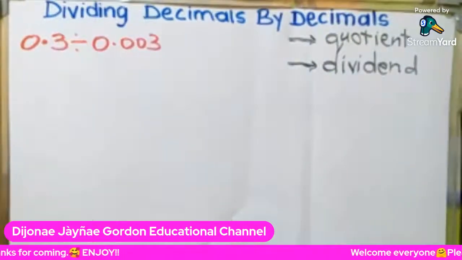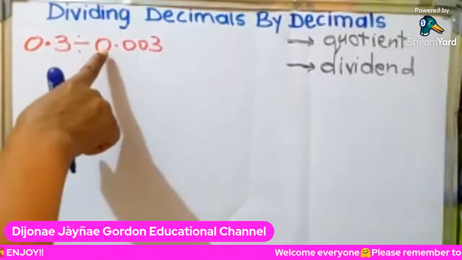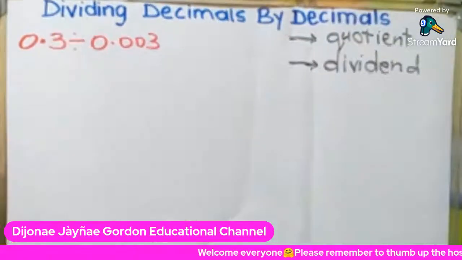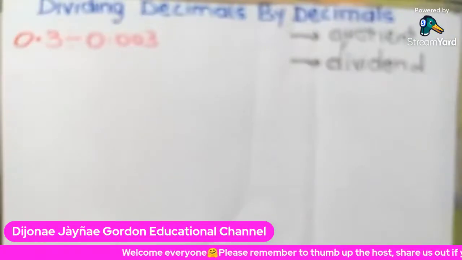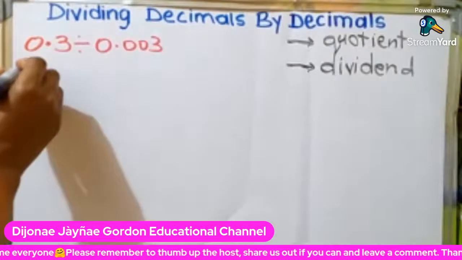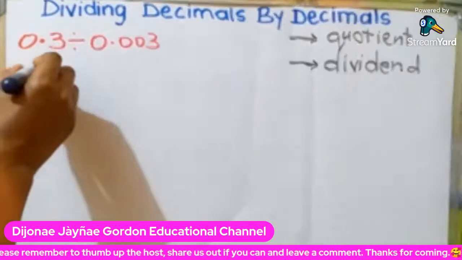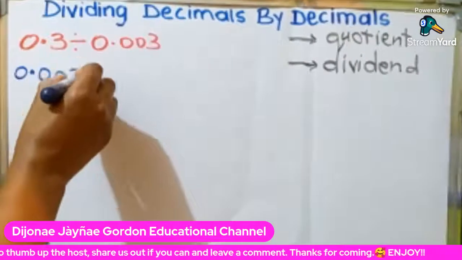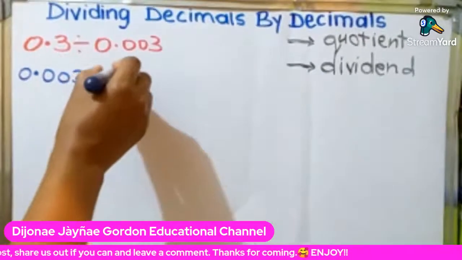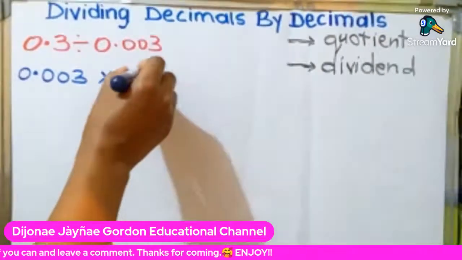0.003. All right, so we're now going to multiply our divisor by 1,000 to make it a whole number, right? So I'm going to take it and I'm going to write it right here. 0.003 multiplied by 1,000.